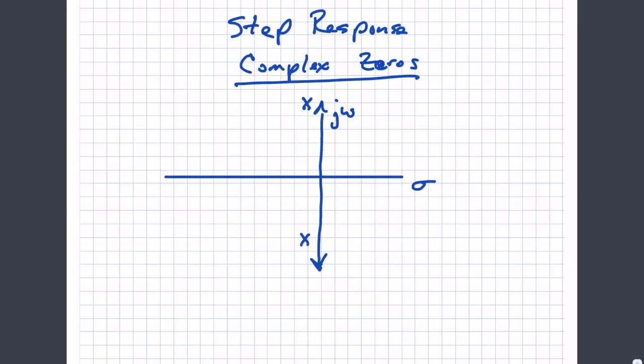And now what we want to do is model what happens when we put a pair of zeros. Okay, so I'm going to do it like this. A pair of zeros relatively nearby this complex set of poles.